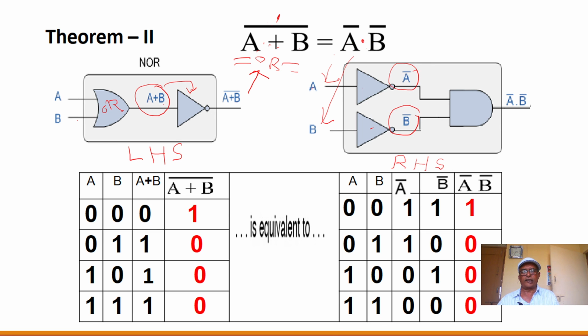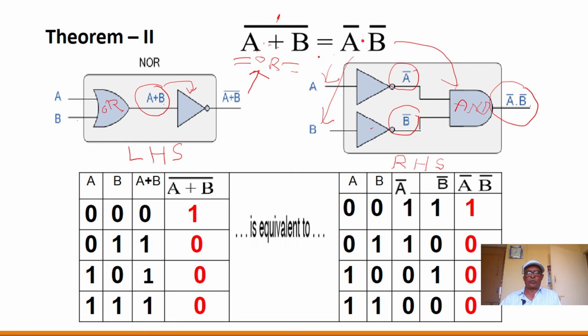Now we want to take the product, and for this product we are using AND gate. So this is the AND gate we are using. One input of AND gate is A bar, another input of AND gate is B bar. So finally we get A bar dot B bar. Now this is how we can draw the logic diagram corresponding to this theorem.